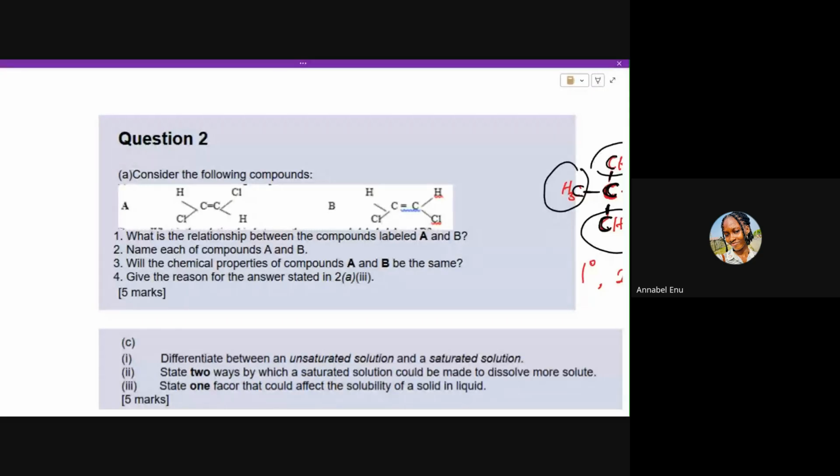of each other. Now, the next question says, name each of the compounds A and B. I've touched this aspect a bit. So, what are we going to name A?